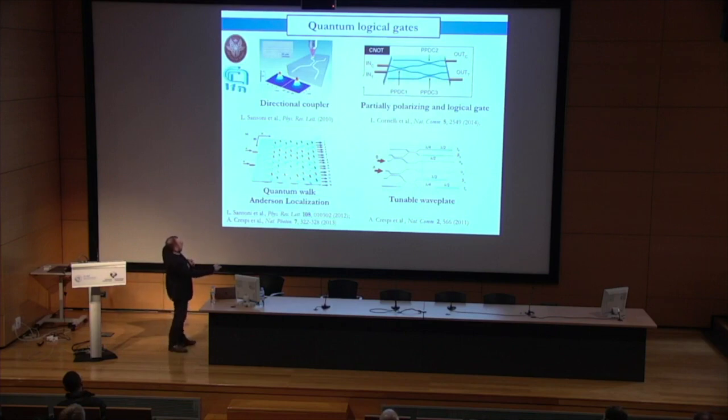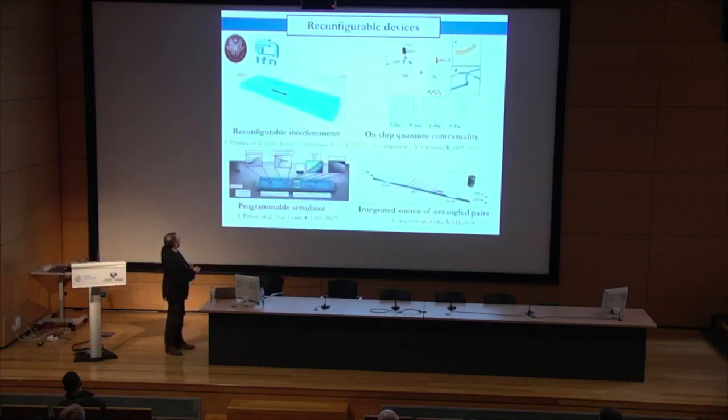Then we could also integrate other optical components, and all these devices were fixed. Once you fabricate your device, your dynamics is established during the writing process. So more recently, we introduced a kind of reconfigurability of your device, which is something that you already have in other platforms, but the reconfigurability was missing in this photonics platform.